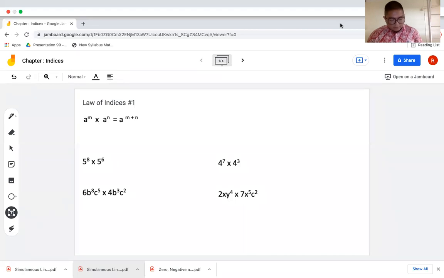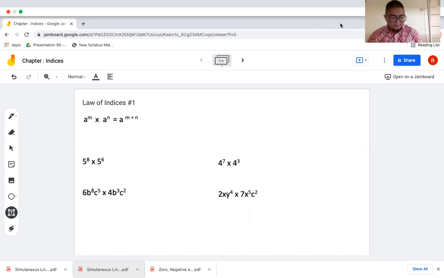So here, you will see this calculation: a raised to m times a raised to n is equivalent to a raised to m plus n. As you can notice, they have the same base a, and if we multiply, we just need to add their exponents.